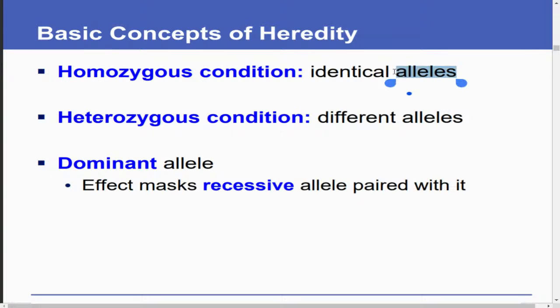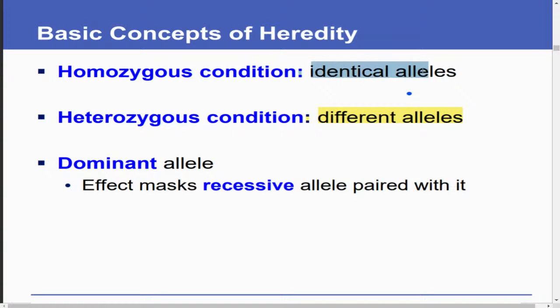Identical alleles is a homozygous condition. There is a heterozygous condition with different alleles. Here we have different alleles, and before that we have identical alleles.